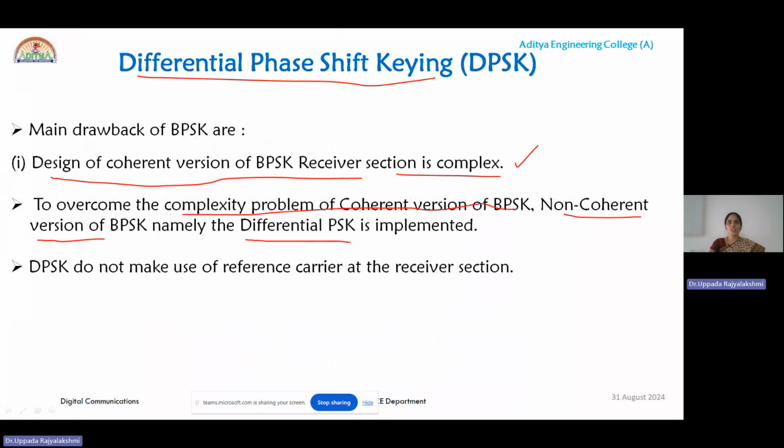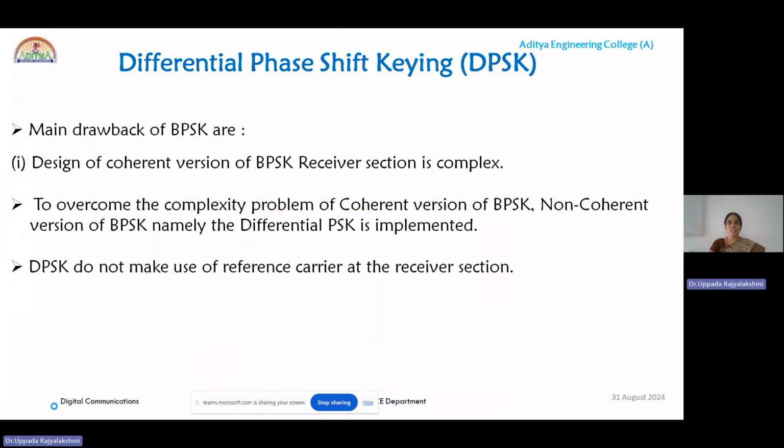It is called differential PSK. In simple terminology, differential PSK is the non-coherent detection of BPSK. And because this is non-coherent detection, it doesn't make use of any kind of reference carrier or synchronous carrier at the receiver section.